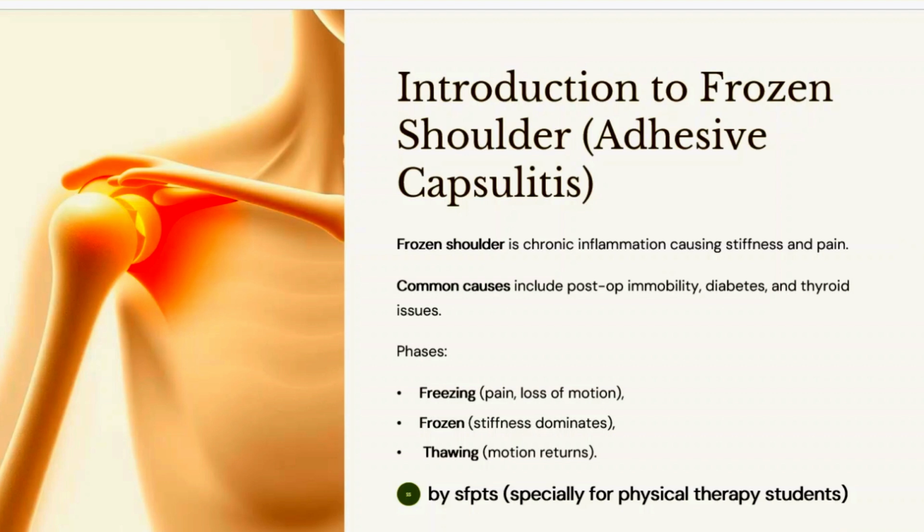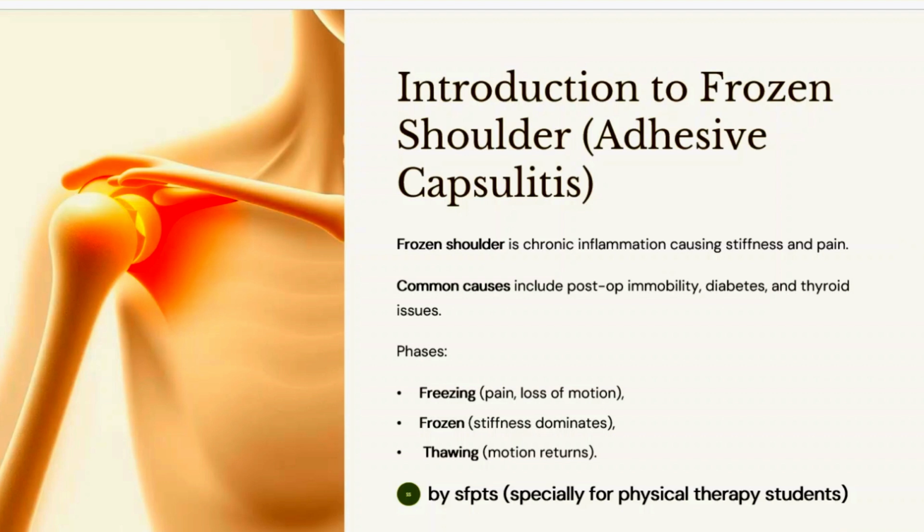The capsular pattern of frozen shoulder is very important as a physical therapist, because you have to train the shoulder and work on those specific movements to improve the patient's range of motion. So, starting from external rotation, then after some time abduction is added, and after some time, internal rotation.